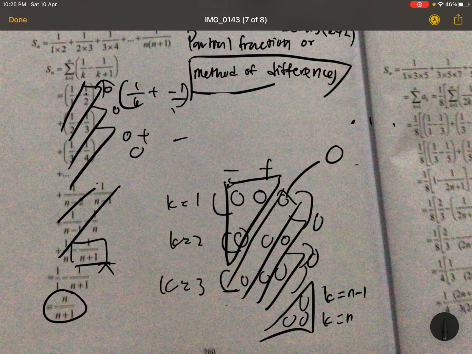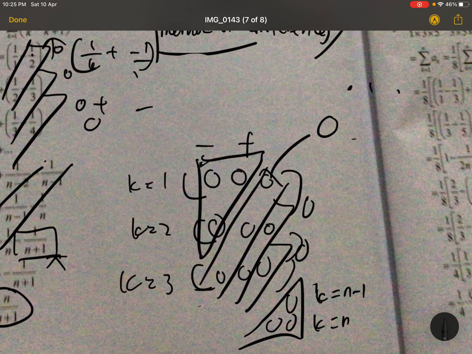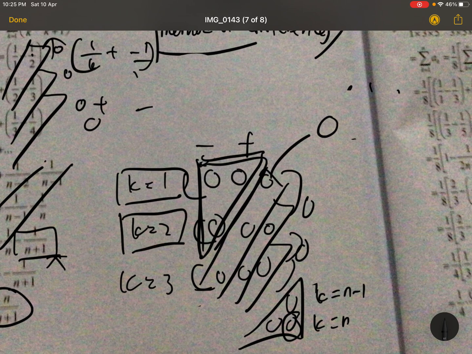So when you're doing triple, be careful with what values you put in, because some people might assume that you only need this k equals n value, but no. Since these 3 are left in front, which include 2 from k equals 1 and 1 from k equals 2, then it should also include 2 from k equals n and 1 from k equals n minus 1.